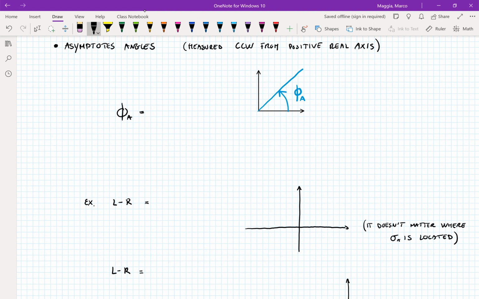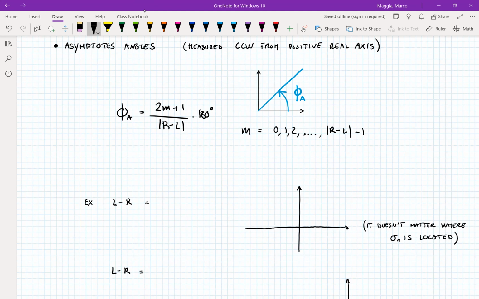All the angles are given by (2m plus 1) over the magnitude of R minus L, times 180. So this gives you an angle in degrees, and m is 0, 1, 2, all the way to the absolute value of R minus L, minus 1.